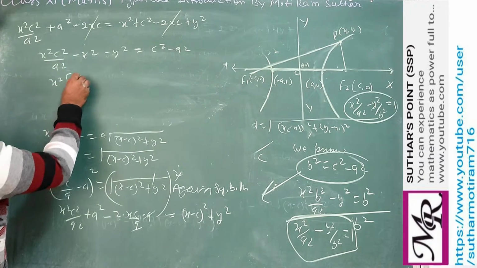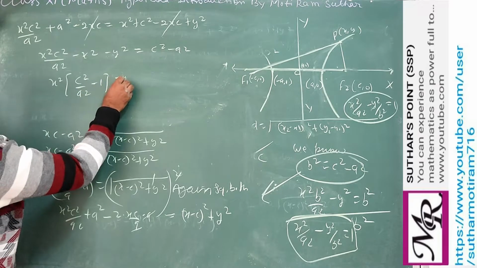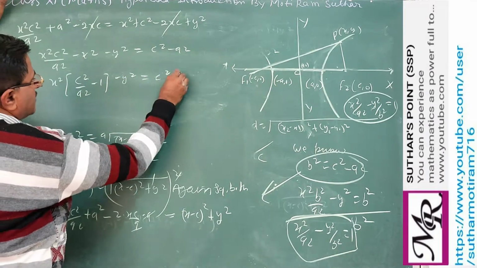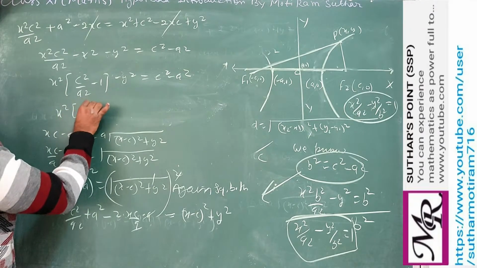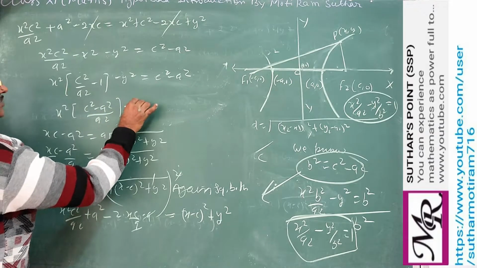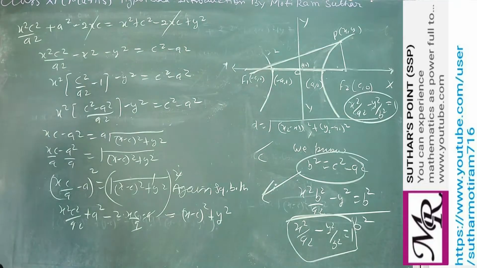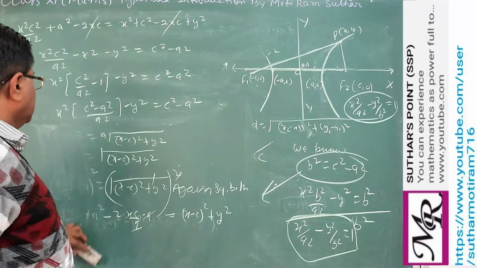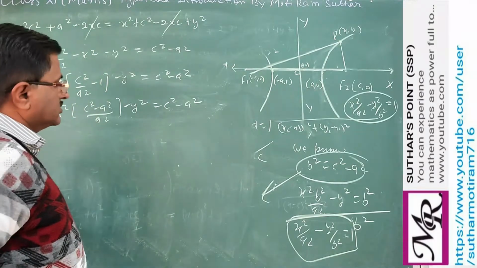So if you take a square common, then c square upon a square minus 1, minus y square, take LCM. So we get x square (c square minus a square) upon a square minus y square equal to c square minus a square.